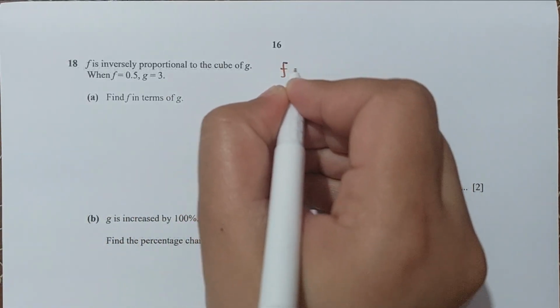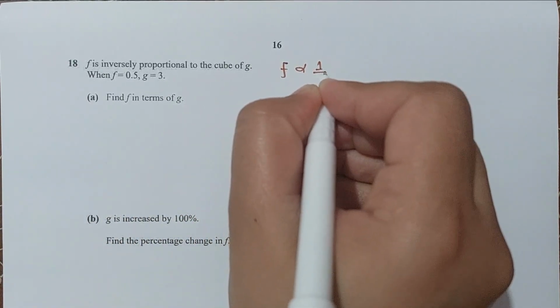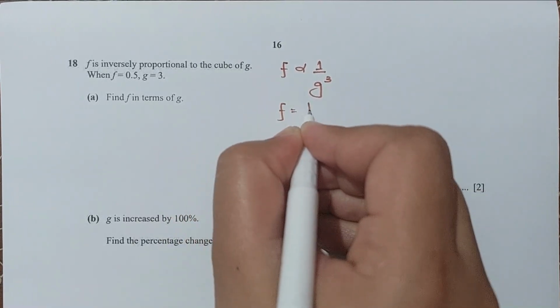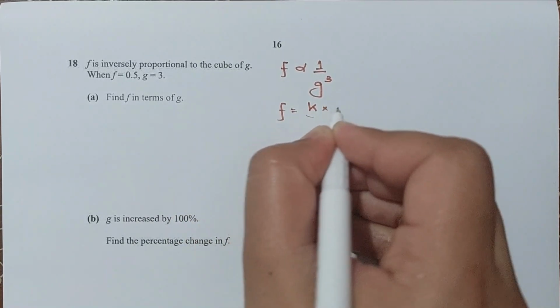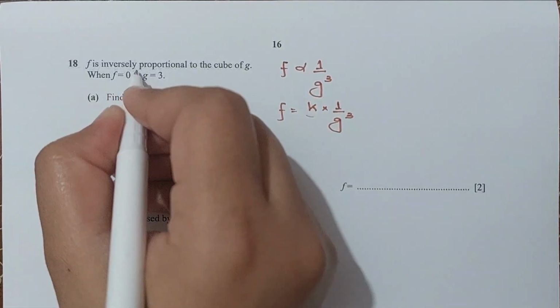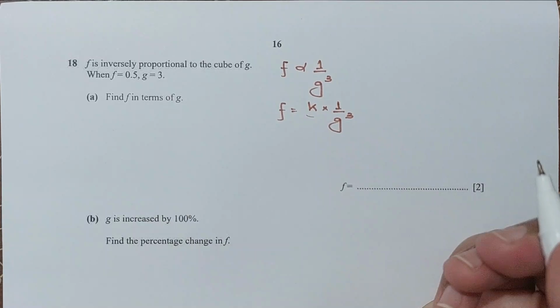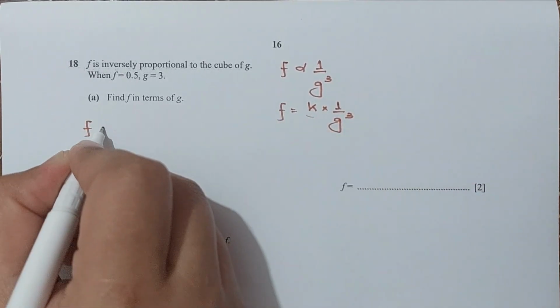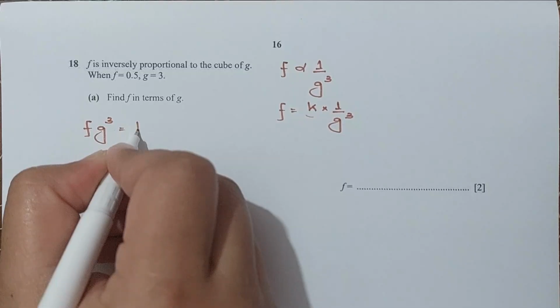Question number 18, f is inversely proportional to the cube of g. It means f equals some constant of proportionality k times 1 over g cube. When f is 0.5, g value is 3, we have to solve for k first. So f cross multiply into g cube equals k.